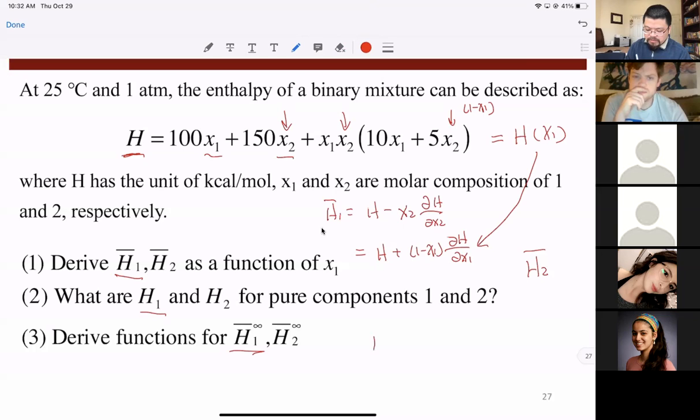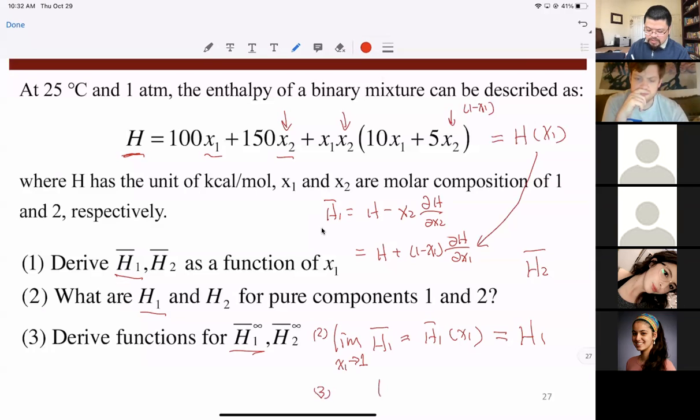Now if I know this very general expression of the partial molar property of component 1, which must be a function of x1, then I can take the limit. If x1 goes to 1, this will be the answer to the second part.